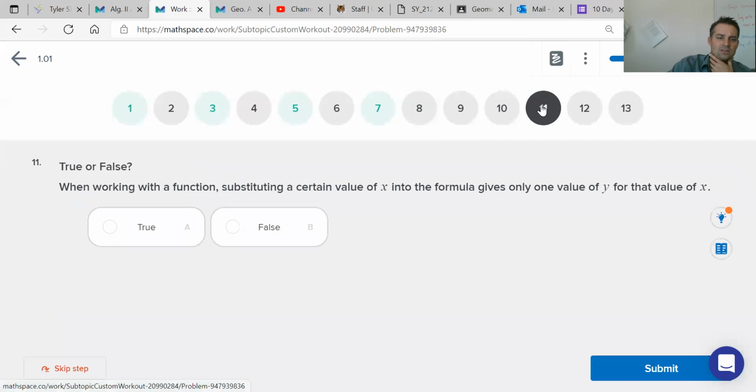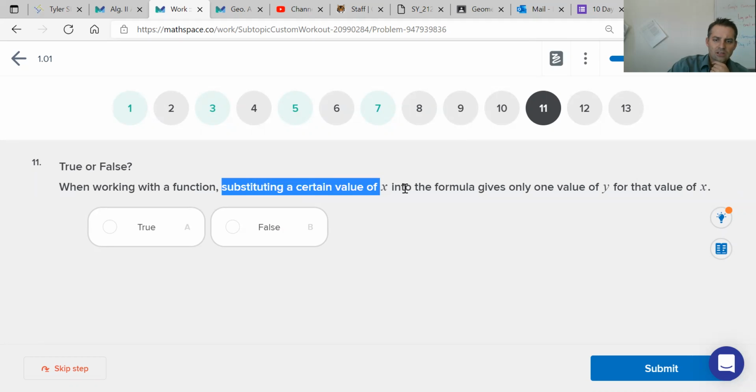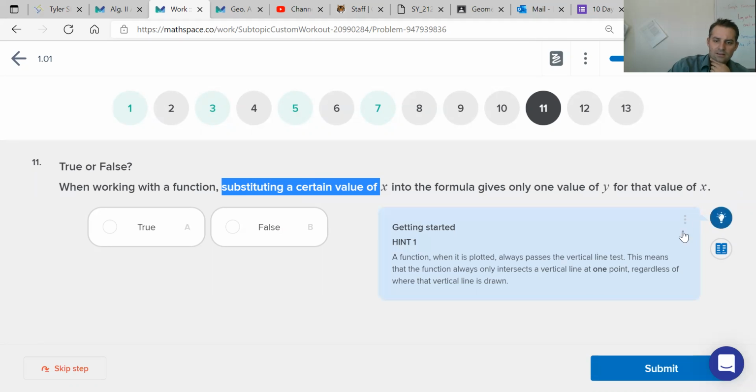Okay, so moving on to question 11. True or false? When working with a function, substituting a certain value of x into the formula gives only one value of y for that value of x. What do you think? True. Okay, let's read the hint.